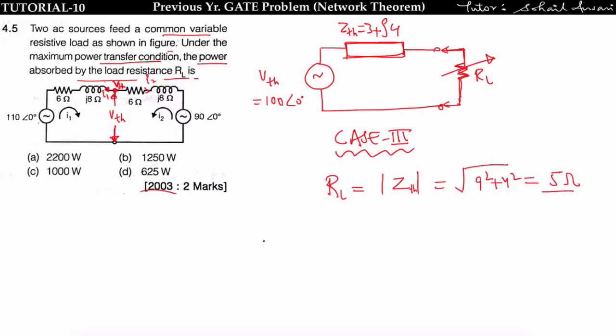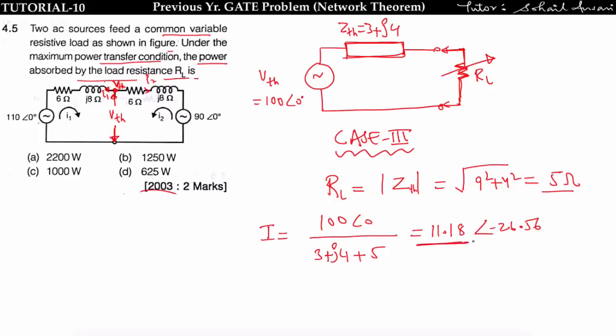Now find the current. Current is given by I equals VTH, that is 100 angle 0, upon the total impedance, that is 3 plus j4 plus 5, which gives 11.18 at an angle of minus 26.56.